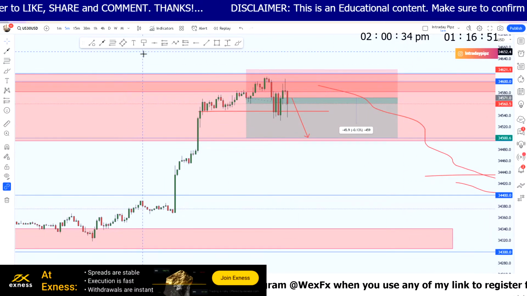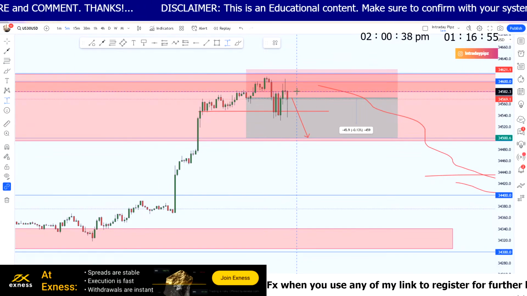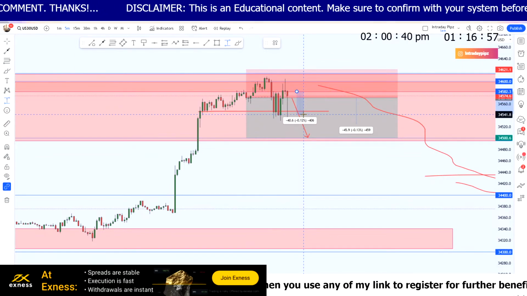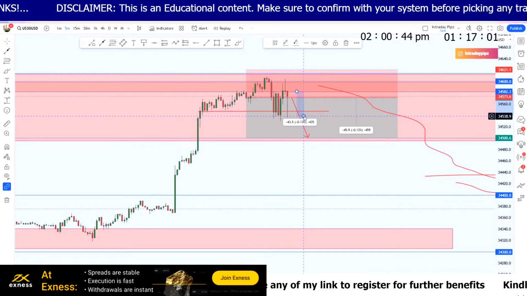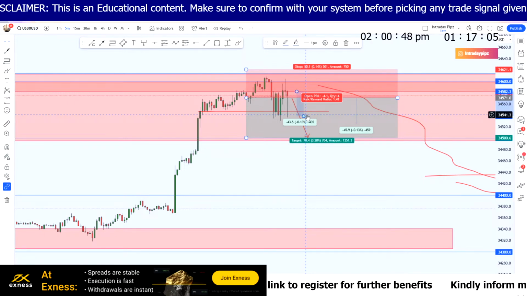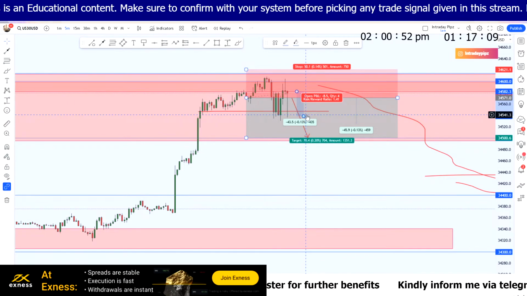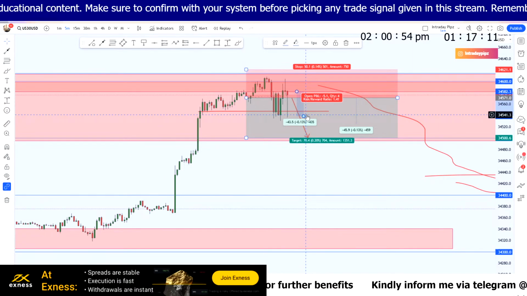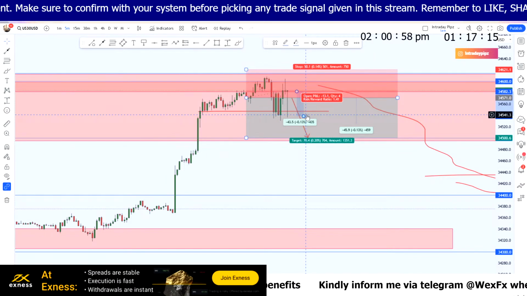If you had a sell stop right there, you would have seen a 40 pips drop. If you entered at this first entry, you would have seen a 30 pips drop. So in whatever entry you had, you would have made money.